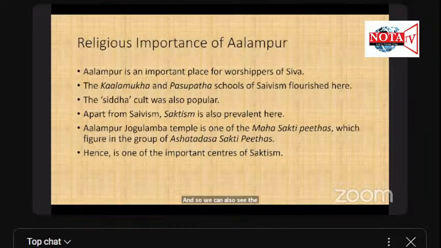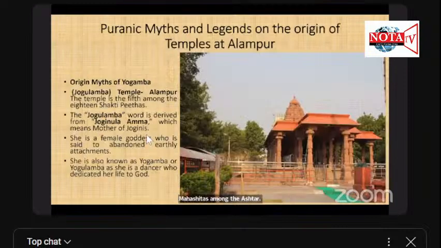The Jogulamba temple is considered one of the Mahashakti Pitas among the Ashtadasas, and hence it is one of the oldest places, a very famous religious place right from ancient times.